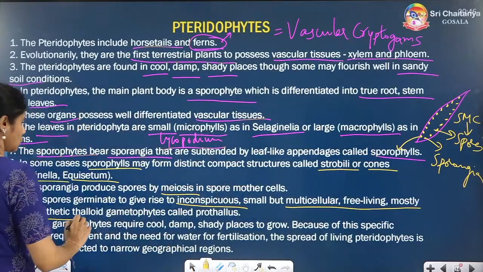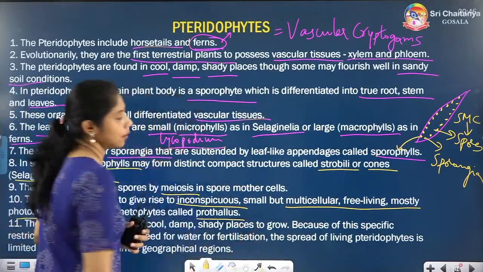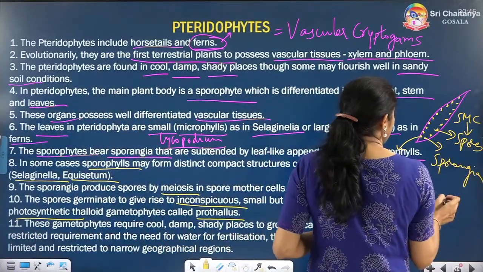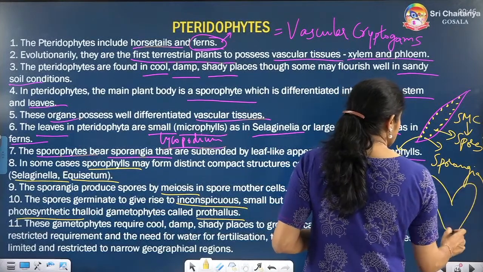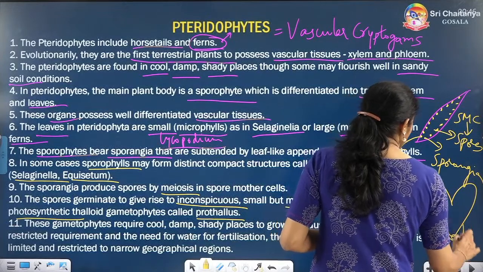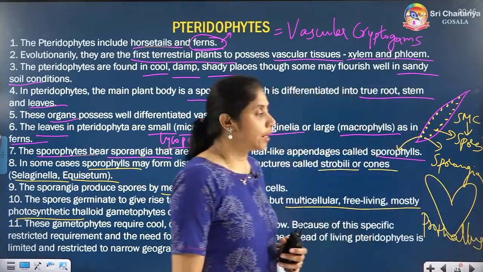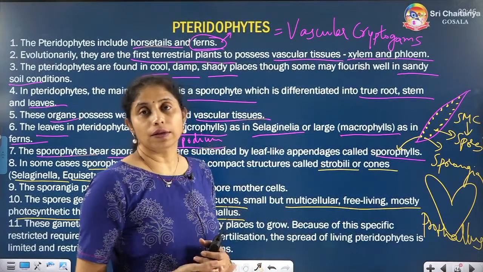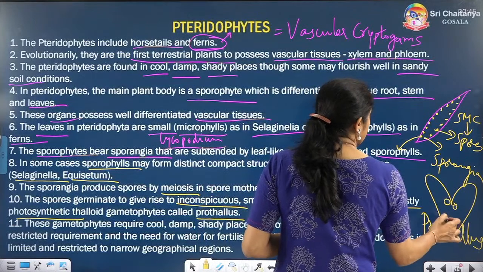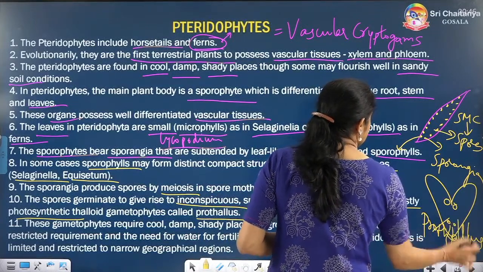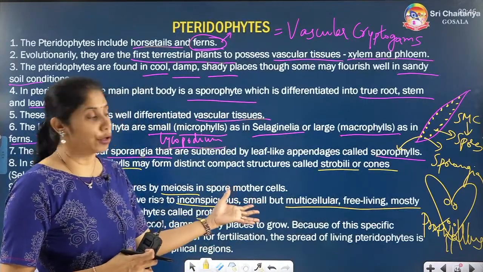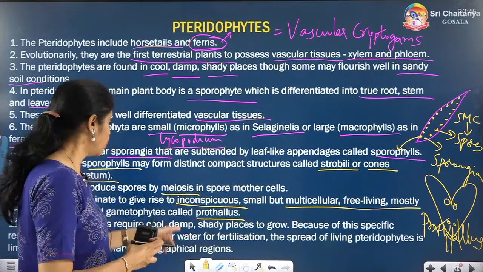It is a heart shaped structure, green in color, which can perform photosynthesis. Here it has the archegonia, here it has the antheridia, and rhizoids are also present. So each spore develops into a prothallus.